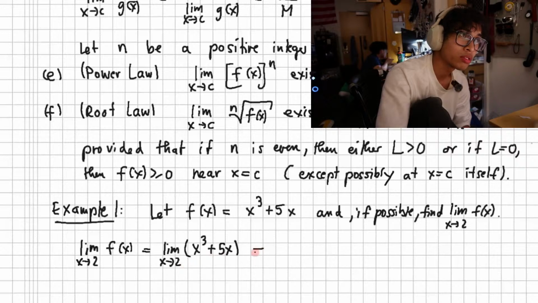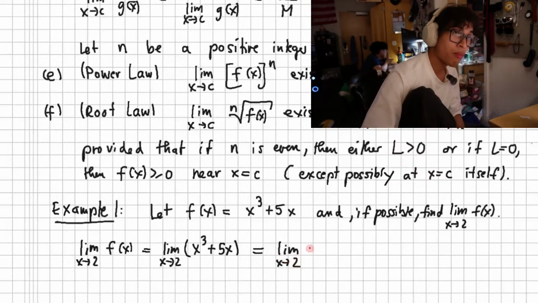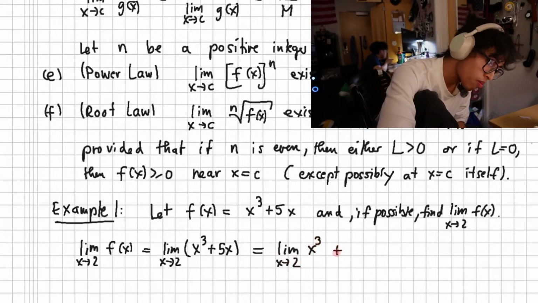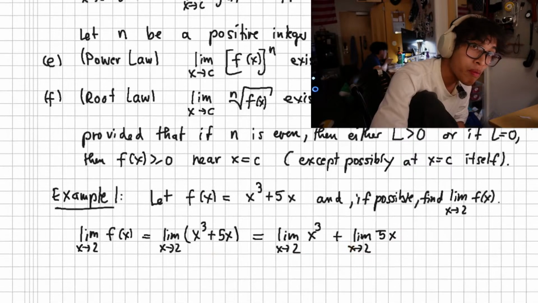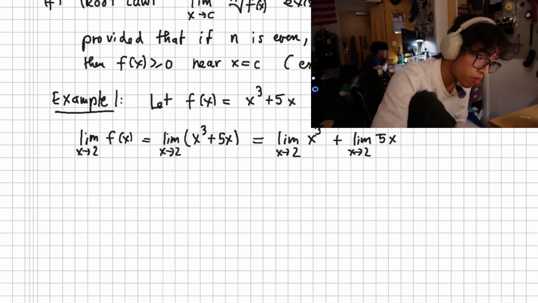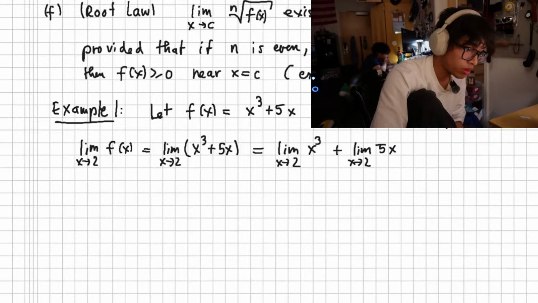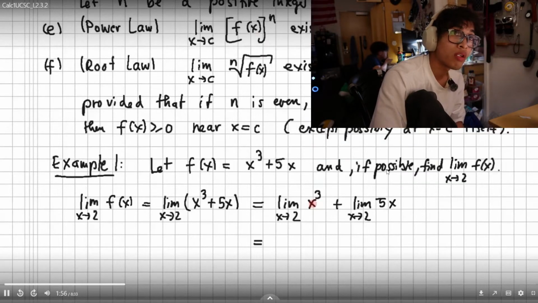So using the sum rule, we're going to write this as the limit as x approaches 2 of x cubed plus the limit as x approaches 2 of 5x. So the limit of the sum is equal to the sum of the limits. Now, we will have to revisit this later because, as we made the point above, there is a proviso. Same over here.